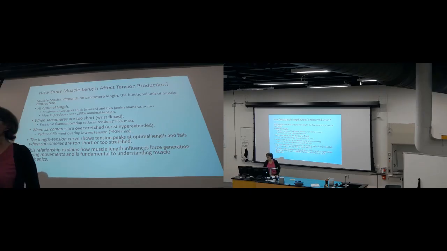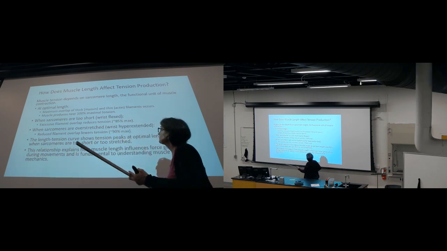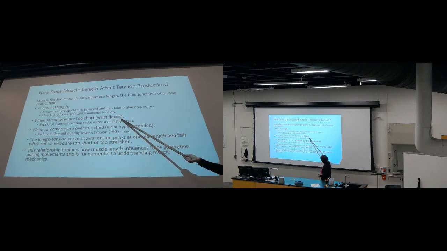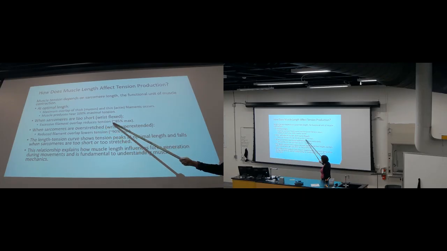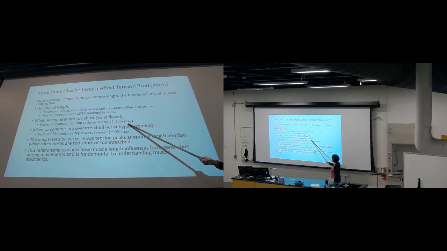And then you have sometimes, for instance, in the wrist, when you have your wrist flexed, when the sarcomeres are too short, you will have excessive filament overlap that reduces the tension. And then, if you have the wrist hyperextended, mimicking your sarcomeres, that's when you have 90% maximum because you have reduced filament overlap that lowers the tension.